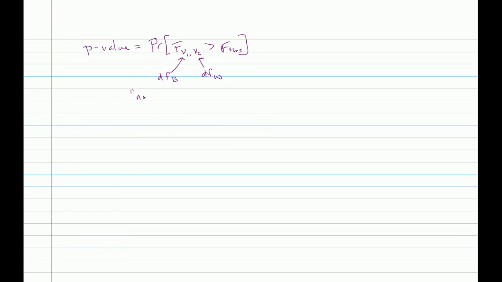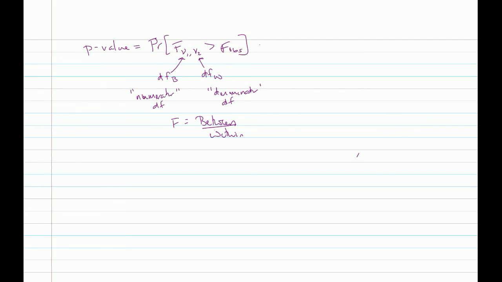Sometimes these are referred to as the numerator and the denominator degrees of freedom. And that's because the F, remember, was between over within. So if you remember between over within, then you know that the between is your numerator and within is your denominator, so you'll know which degrees of freedom go first and second.